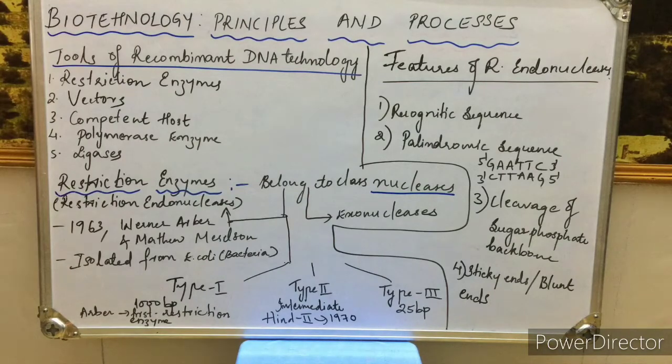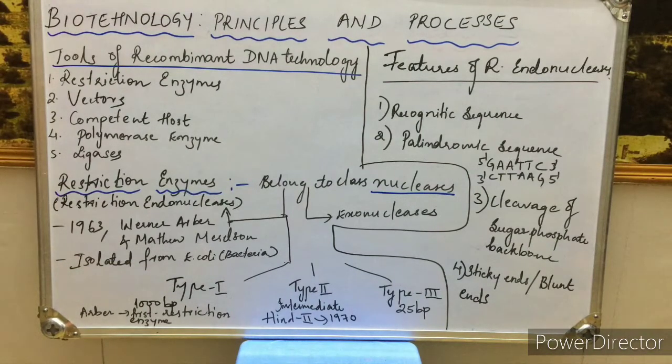Hence, these restriction endonucleases were first found in E. coli cells by Werner Arber, and the enzyme isolated by Werner Arber is a type 1 restriction endonuclease. So whatever restriction endonuclease Arber first discovered belongs to the type 1 restriction enzyme.